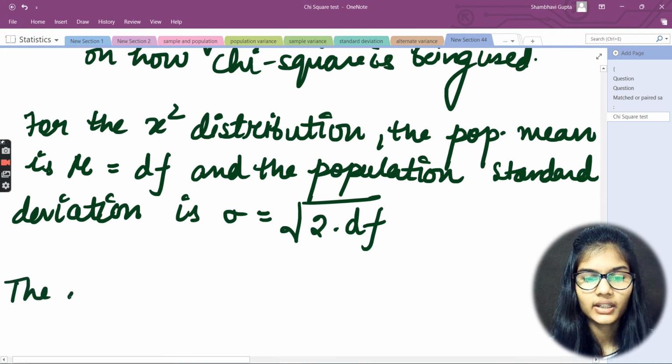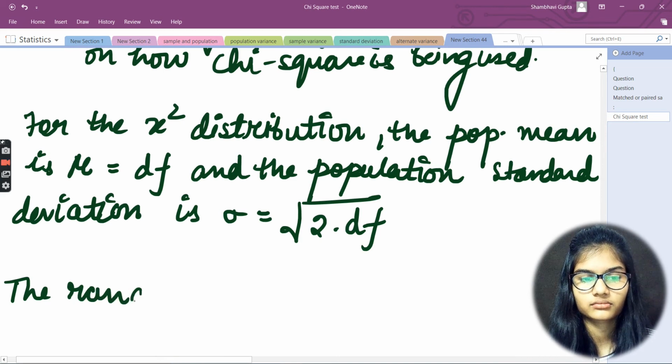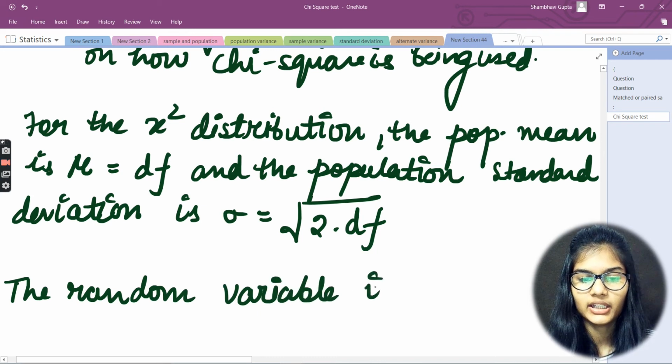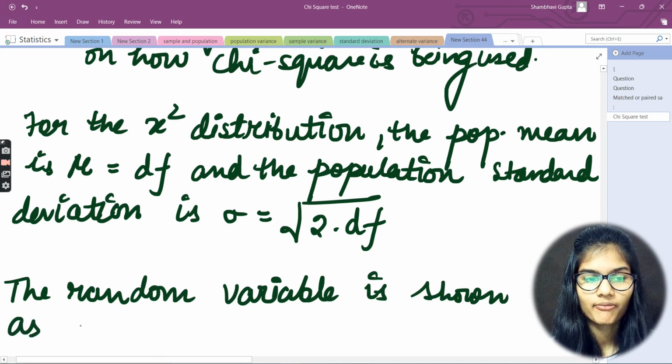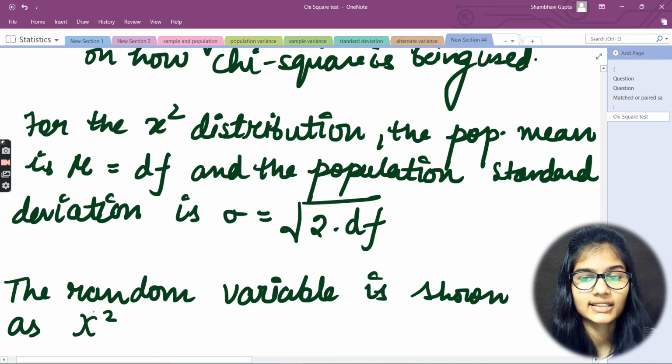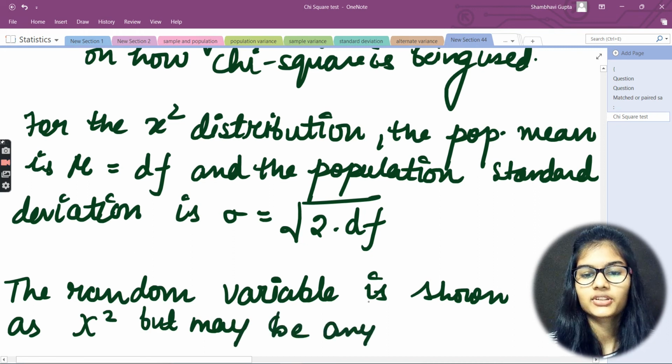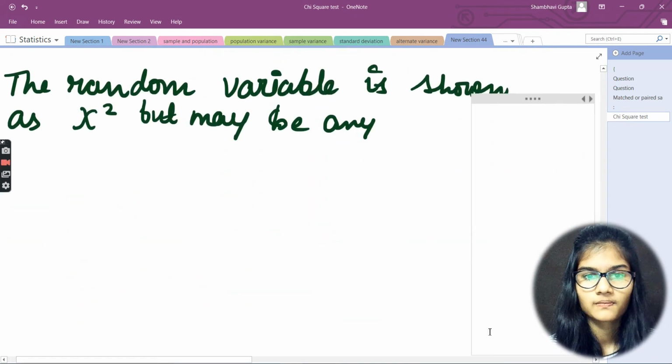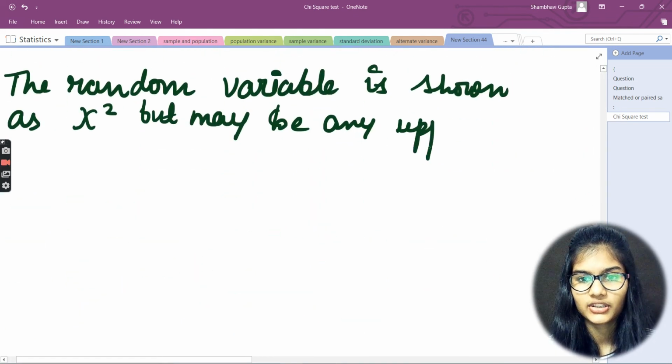Next, the random variable is shown like this, but it could be any uppercase letter.